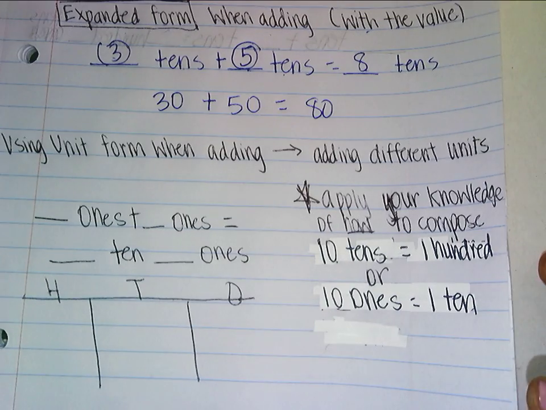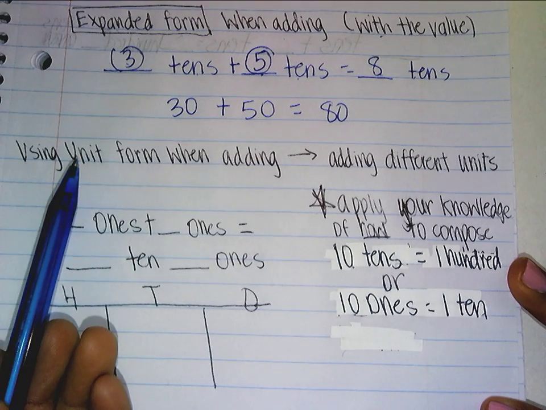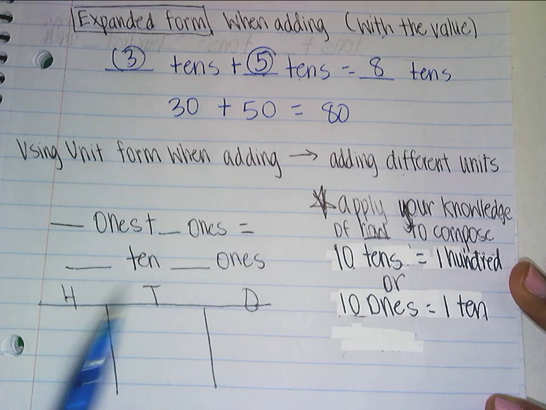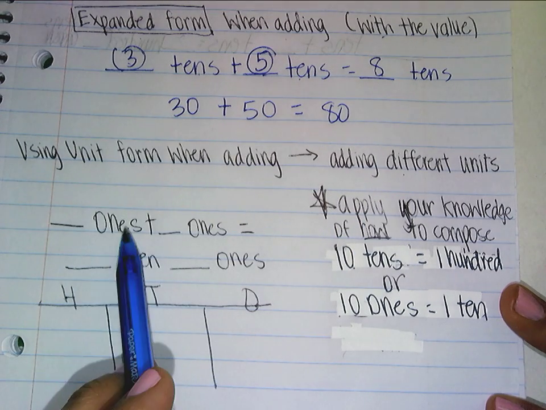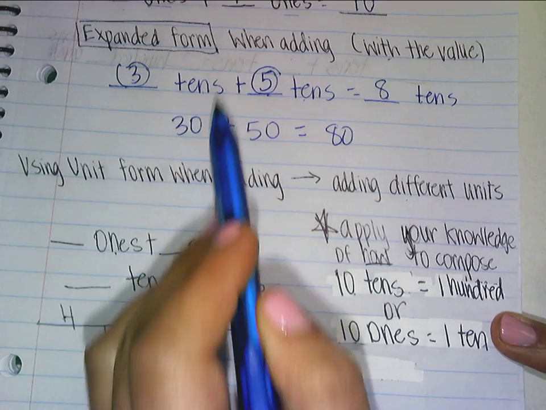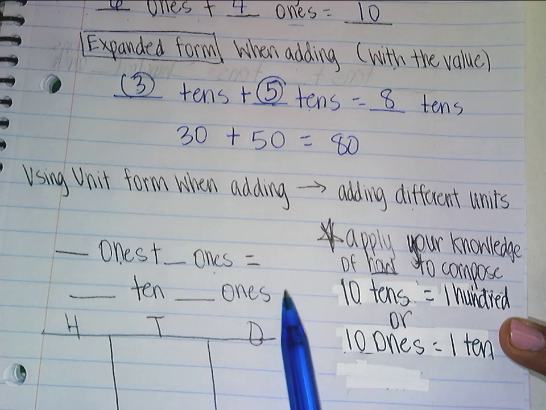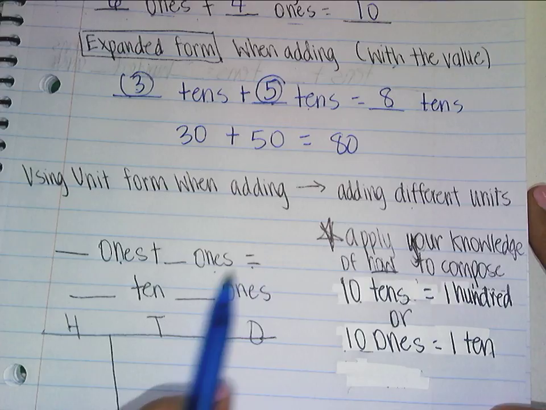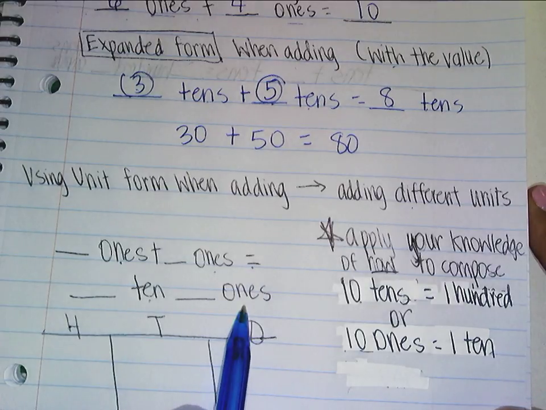Okay, so you're going to be using that unit form when you're adding different units. For example, if you start off with ones and ones, just like I did up here, but then your answer is going to change with the different units into tens and ones.